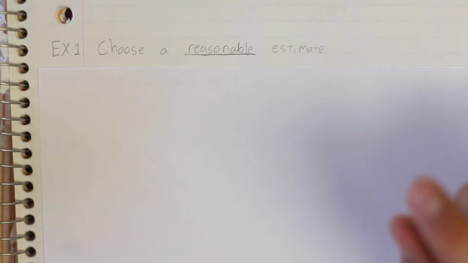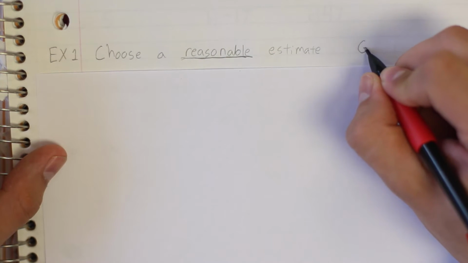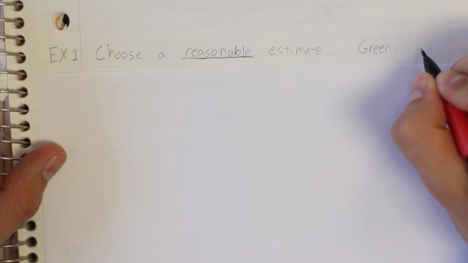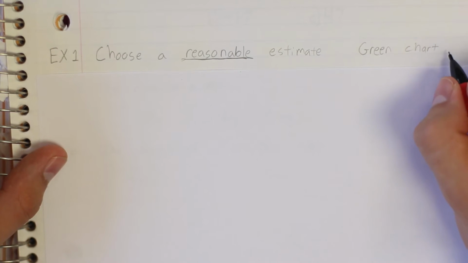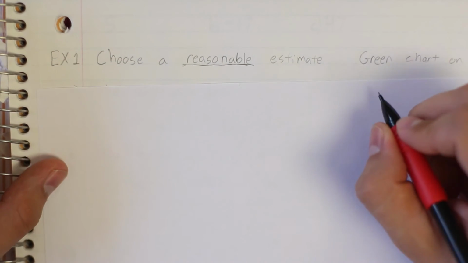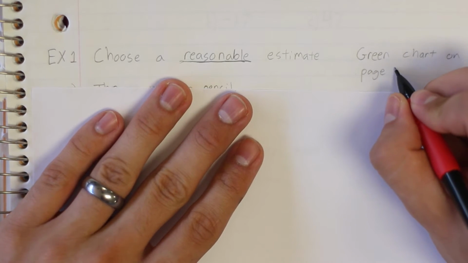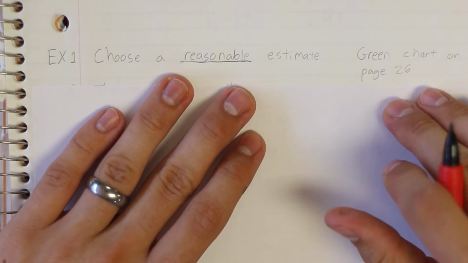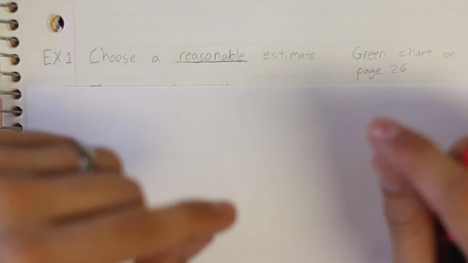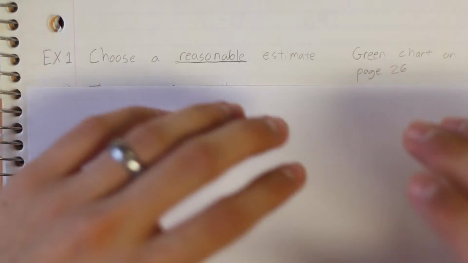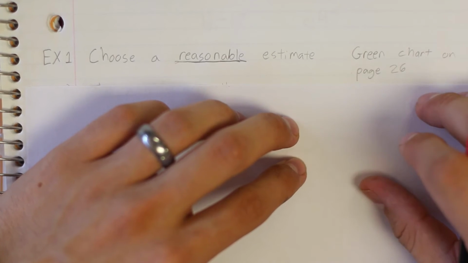Now, something that might help you is that there is a green chart on page 26. So there's a green chart on page 26 that goes over these different types of measurements and gives other examples of what they compare to. So you can turn to this chart if you ever need to when you're doing work. And it's a good resource to use.